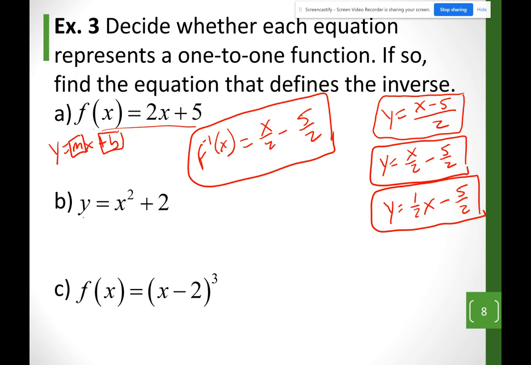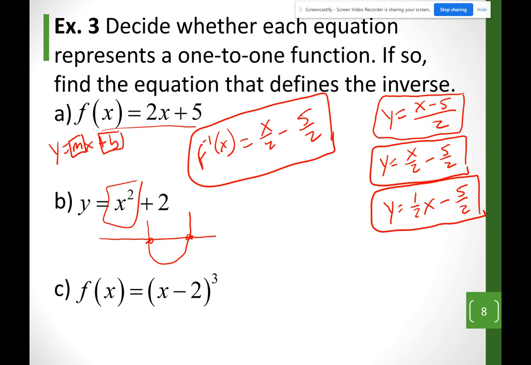Now, example B, y equals x squared plus 2. The x squared, we've worked these. Remember, we learned how to do everything to the second power. That looks like a parabola that opens up. I have a graph that looks like that in my mind. Looking at that, I can say that for sure it is not going to pass the horizontal line test. I can think of a line that touches my graph more than once.